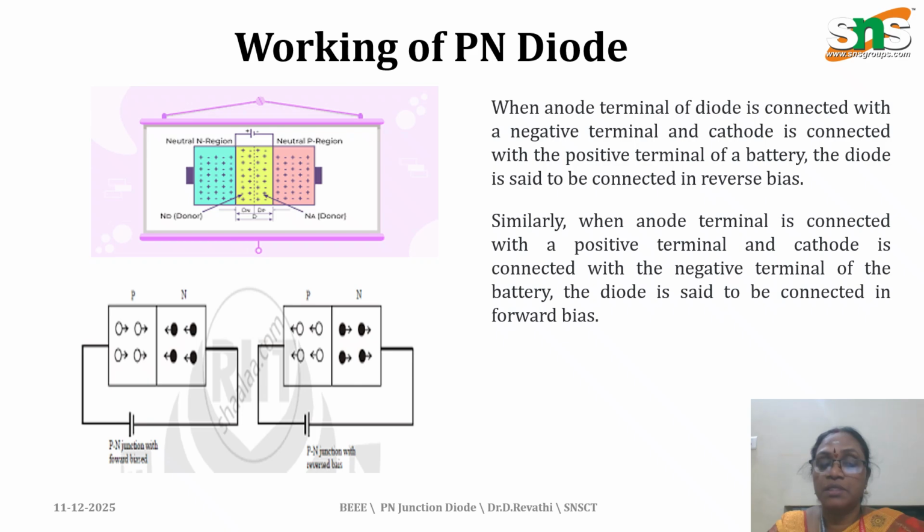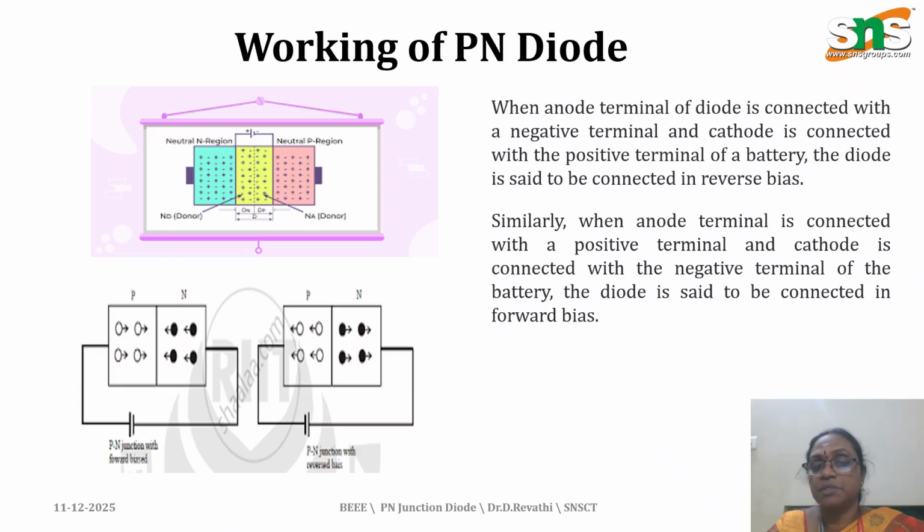That's why we call it reverse bias. The diode will not conduct in reverse bias, and in forward bias the diode will conduct. So there are two working modes available in a PN junction diode: the forward biasing condition and the reverse biasing condition. All of you keep in mind, in reverse bias there is a wider depletion region, so it will not conduct.